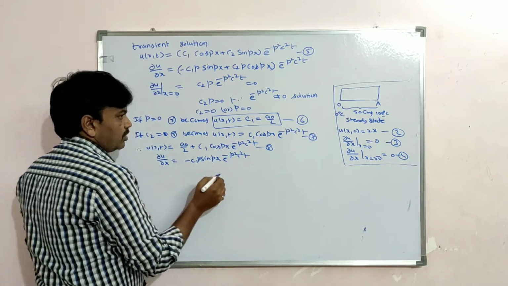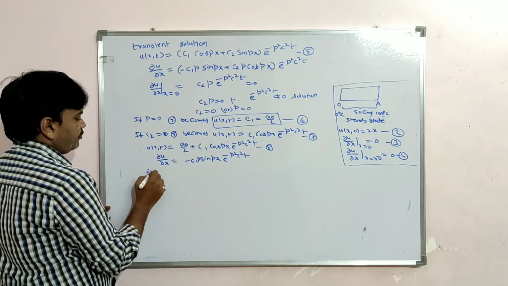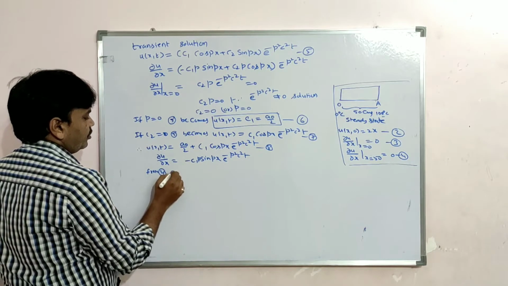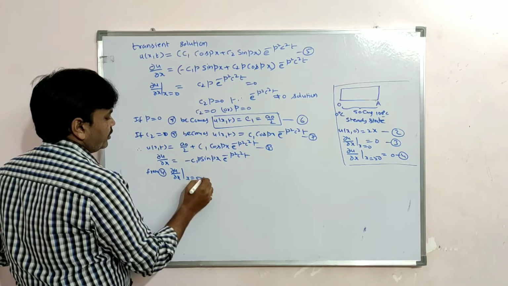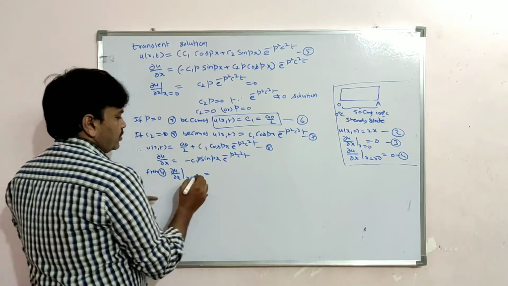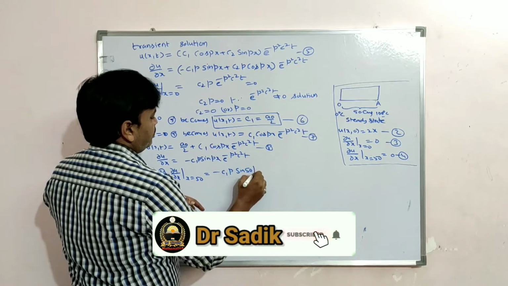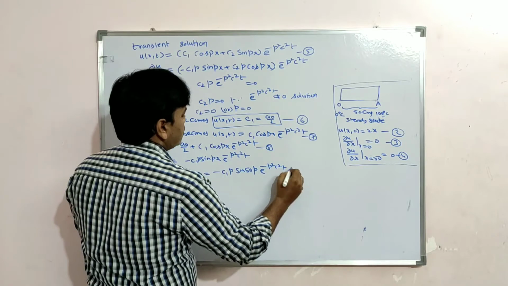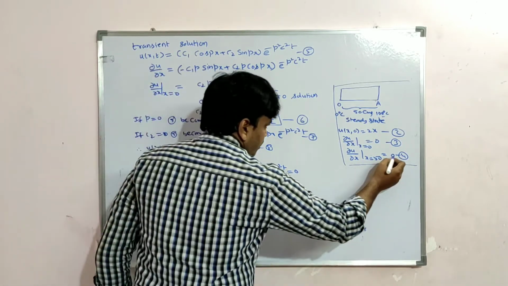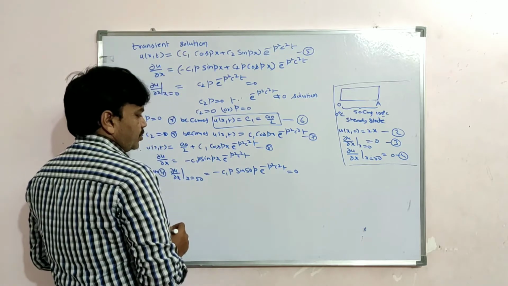So from condition 4, dou u by dou x at x is equal to 50, that is minus c1 p sin 50p e power minus p square c square into t, that is equal to 0, students.